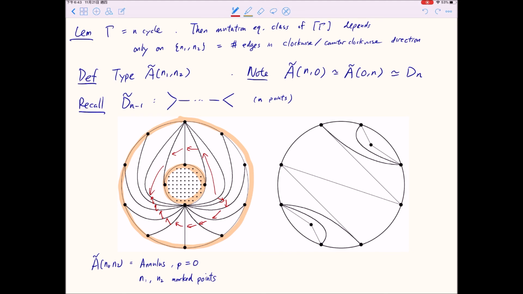And similarly for the affine D type, it will correspond to an n-2 gon with two punctures, as you can see in this example. So you can see that this is an affine D type quiver.